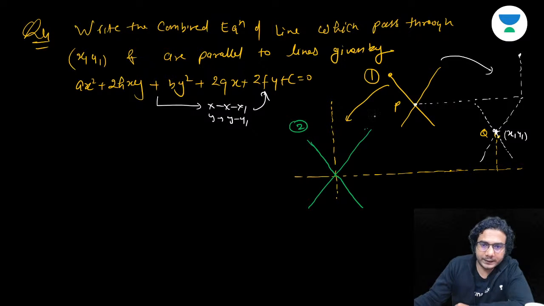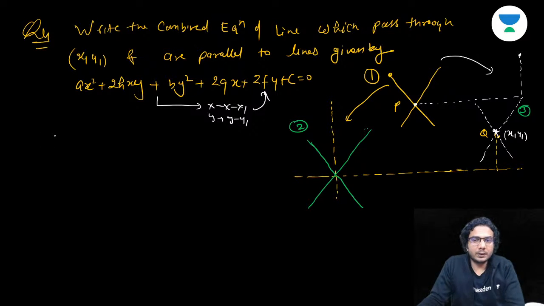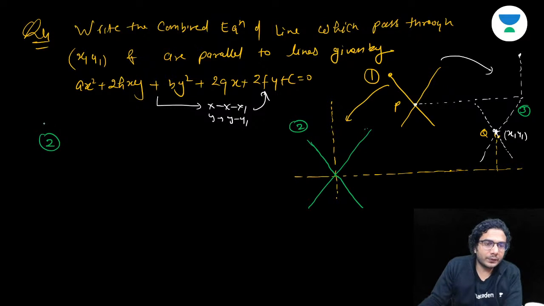This is 2 and this is 3. We need to get 3, but first we are writing the equation of 2. What is the equation of 2? First we'll bring the curve to the origin and then we will replace.